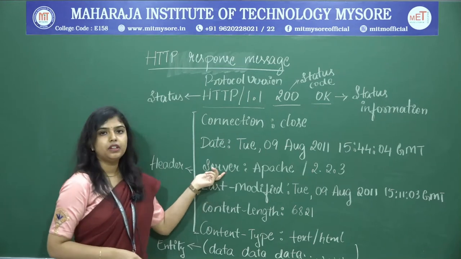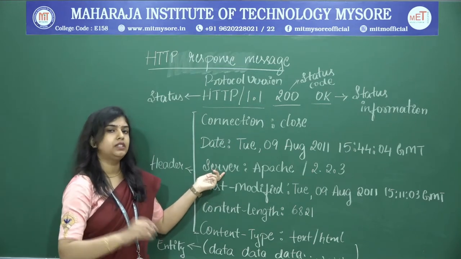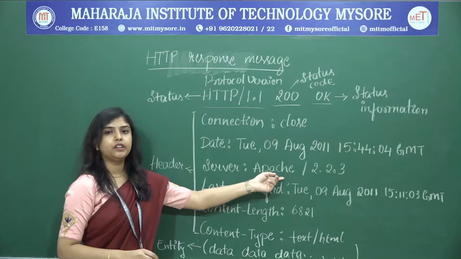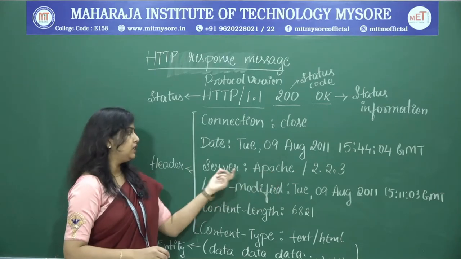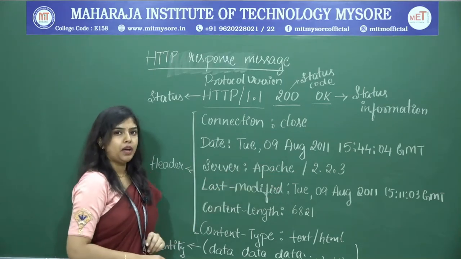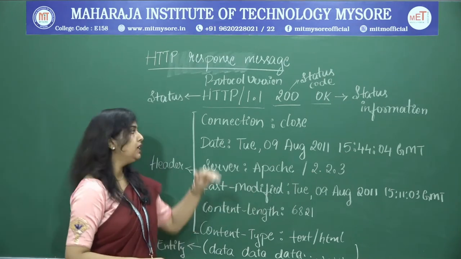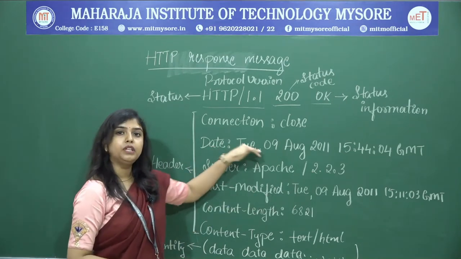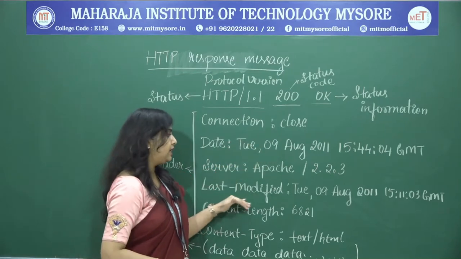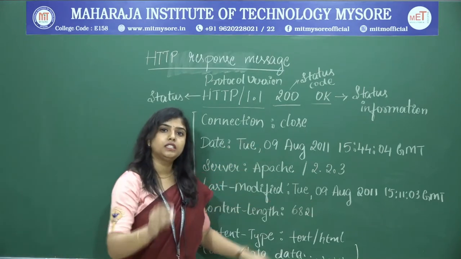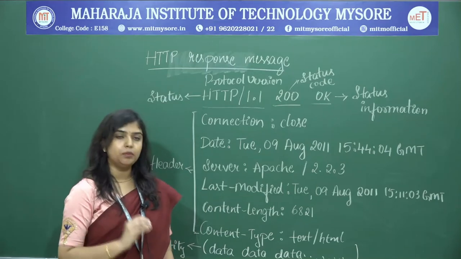Next is the server. To which server we are requesting? Suppose here we are requesting to the Apache server, that is why I am specifying it as Apache. Next is last modified. This will tell us when the object was last modified, when it was last updated.